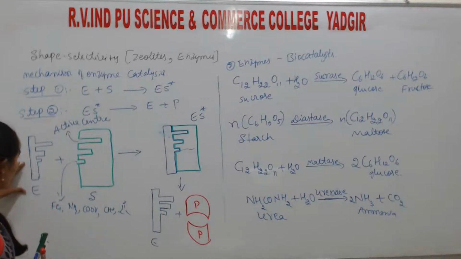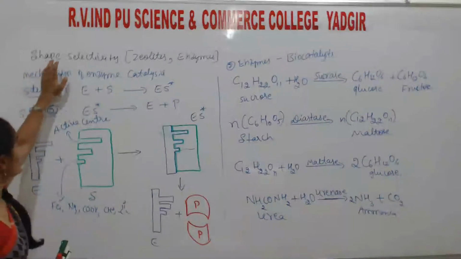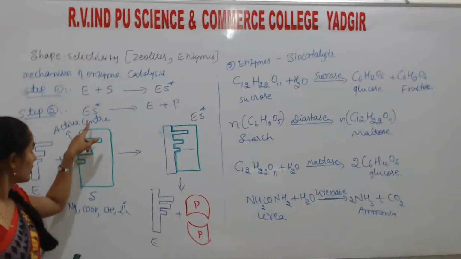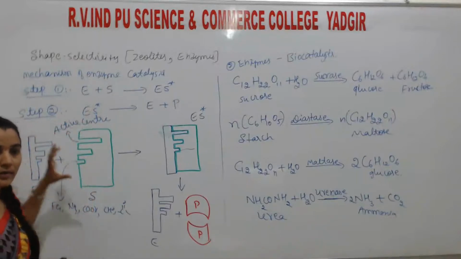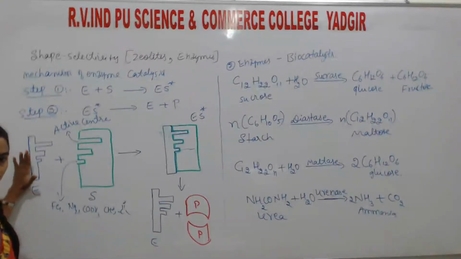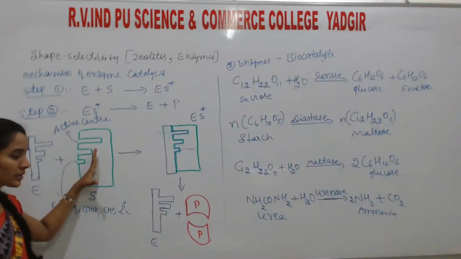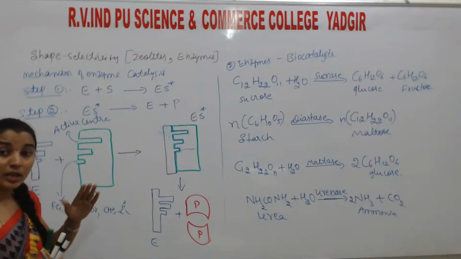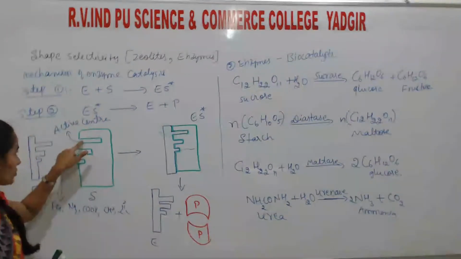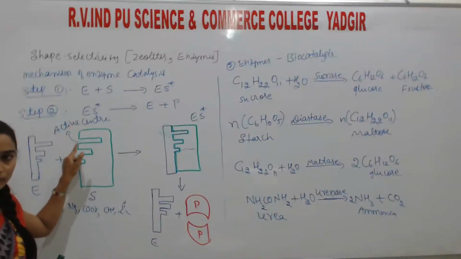Initially, why is this enzyme called shape selectivity? Because they form the shape of the active centers in such a way that it matches the shape of the enzymes. Whatever the enzyme shape is, the substrates rearrange their shape the same way. Understand? Then the reaction happens only at the active site.